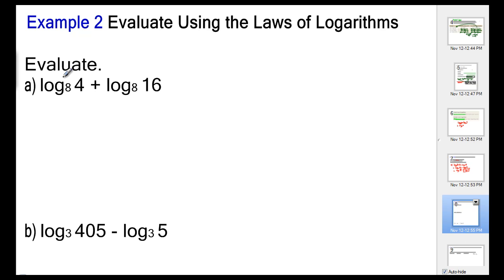Here's an example. We'll just do A, where we can evaluate. So once again, I can do this in a number of different ways. One way I can do it is to recognize that the bases are the same.